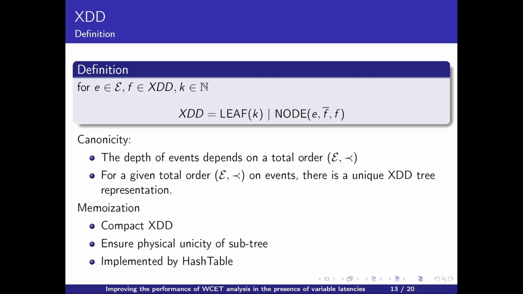For a given such order on the domain of events E, XDD is canonical, which means that there is a unique XDD to represent the relationship between configuration and execution time. To ensure the physical unicity of subtrees and leaves, we have implemented a memoization unit to keep XDD minimal.